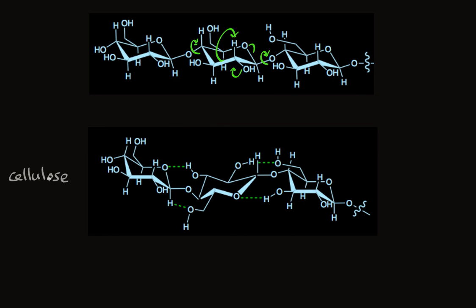Think of it. With the alpha stereochemistry, the poly-D-glucose is very soft, like starch. But if you just change the anomeric stereochemistry to beta, the polymer can establish a whole bunch of intermolecular hydrogen bonds that holds it perfectly rigid. Think of a baseball bat, for instance.